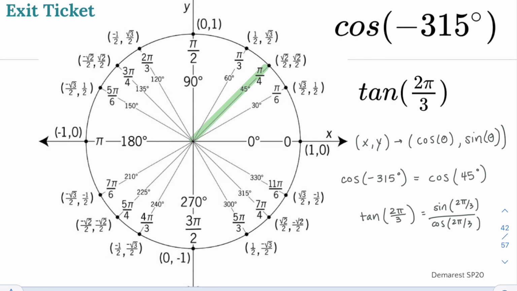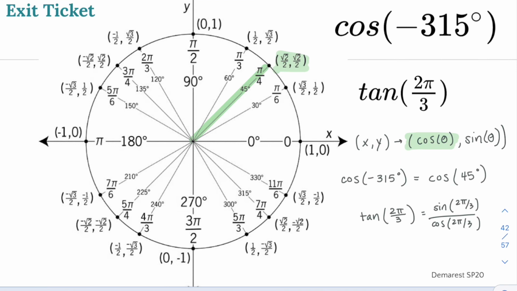So we can take a look at this XY pair and pick out the X coordinate, because the X coordinate is cosine. And then your hint for the tangent one is just a reminder that tangent of 2 pi over 3 is the same as sine of 2 pi over 3 over cosine of 2 pi over 3.